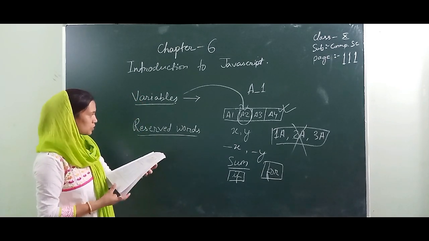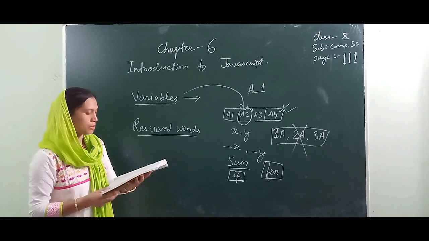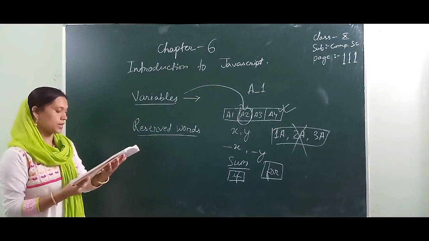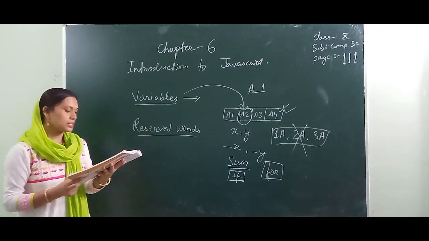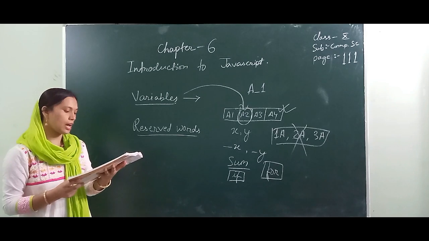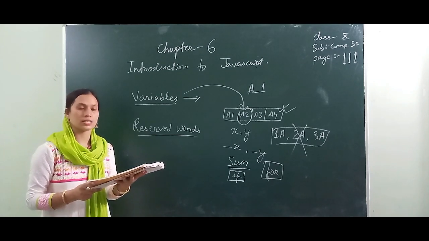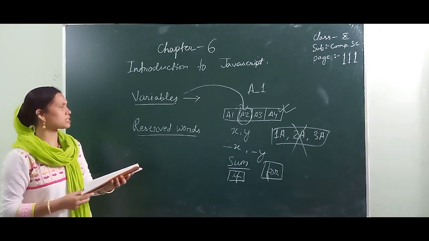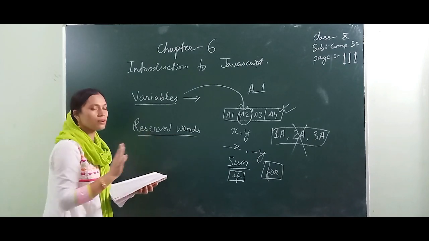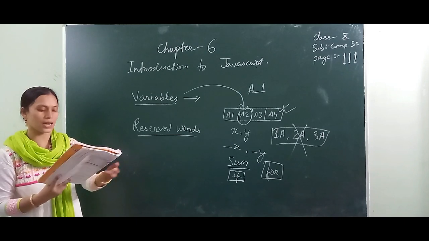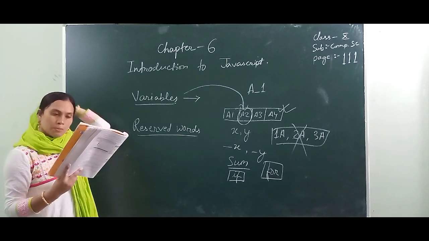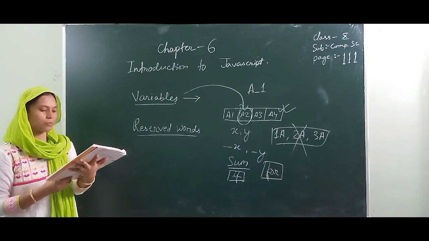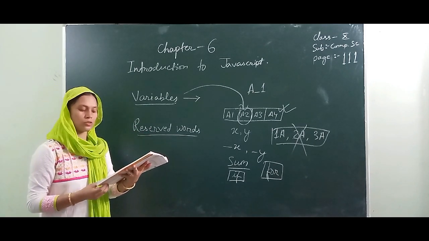Next, let's go to reserved words. Let's define what we mean by a reserved word, or let's understand more about reserved words. On the same page, reserved words are those words that have a specific meaning in a script. They cannot be used as a JavaScript variable. That means the meaning of these words is already reserved in the compiler. Like from table number 6.2, some of the names given there are abstract, boolean, break, byte, case, and so on.